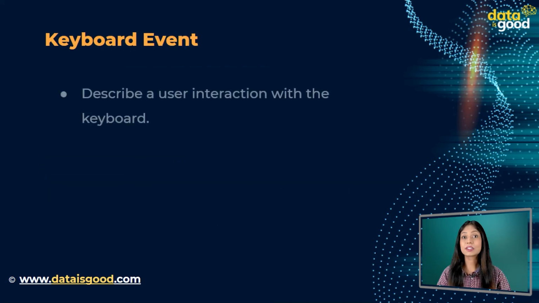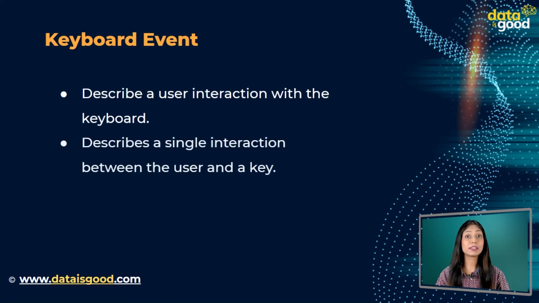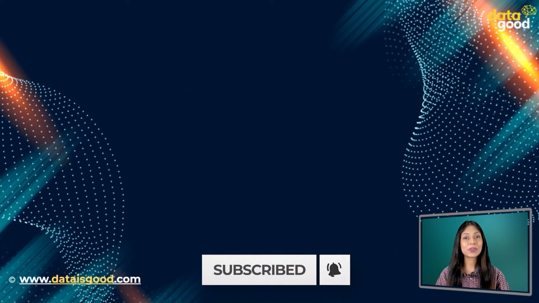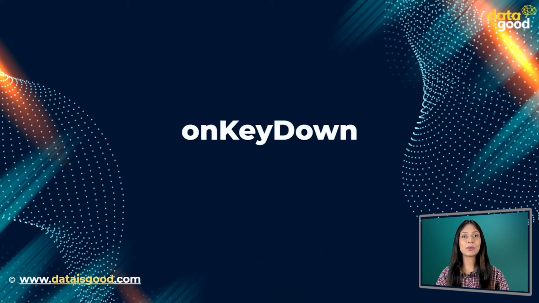Keyboard events describe a user interaction with the keyboard. Each event describes a single interaction between the user and a key or combination of a key with modifier keys on the keyboard. So let us jump onto our first type of event, which is the onKeyDown event.